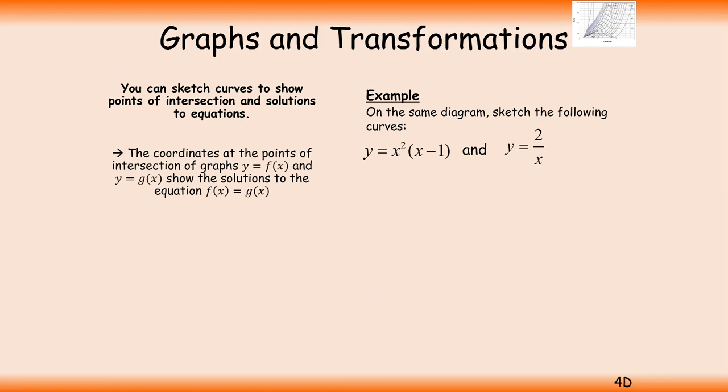So on the same diagram, sketch the curves first. Y equals x squared brackets x minus 1 and y equals 2 over x, or the reciprocal graph. That 2 over x is quite simple, quite straightforward. But let's look for some coordinates on the y equals x squared brackets x minus 1.